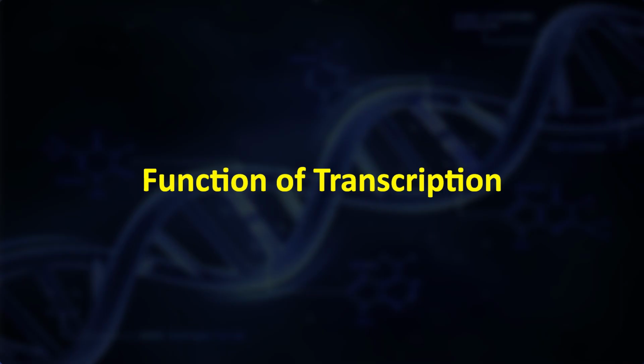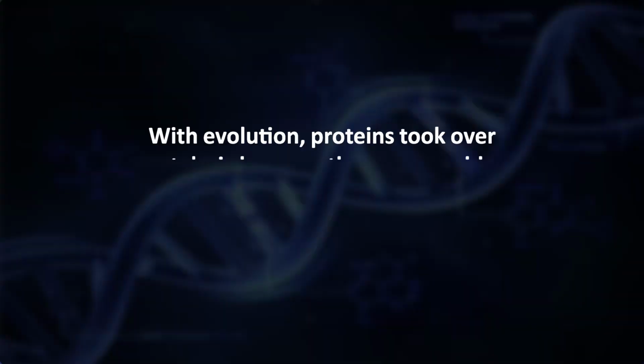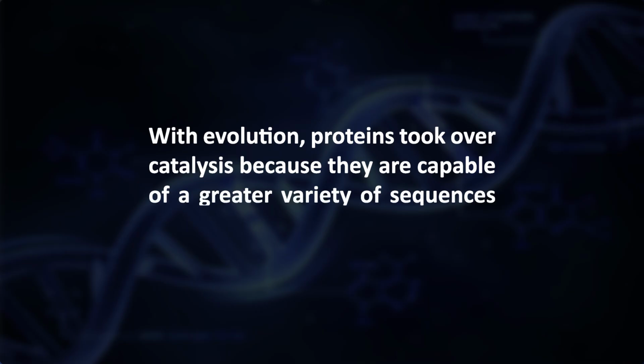Dear students, let's now discuss the functions of transcription. Life on Earth is said to have begun from self-replicating RNA, since it is the only class of molecules capable of both catalysis and carrying genetic information. With evolution, proteins took over catalysis because they are capable of a greater variety of sequences and structures.